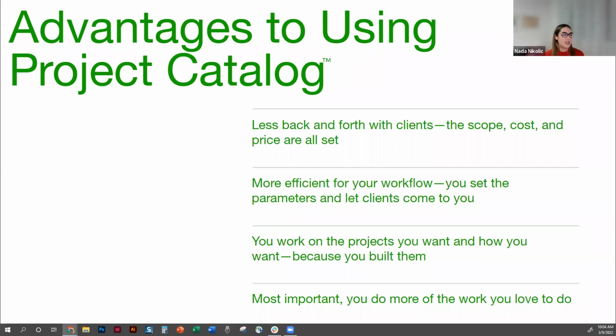And as I said, you do more of the work you love to do. A lot of times I get asked by talent, how do I decide what I want to put in project catalog? Maybe you can think about fixed price contracts you usually work on, but you can also think about what are some of the things you really enjoy doing and create project offerings for that.